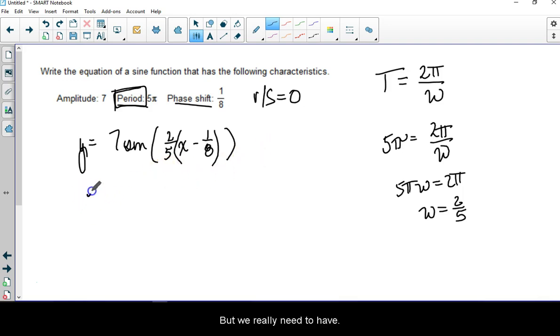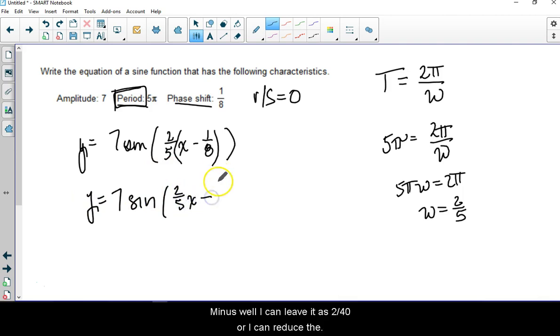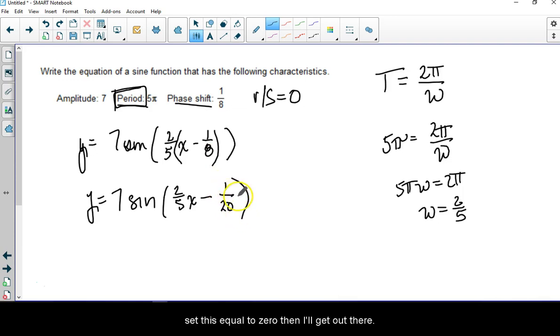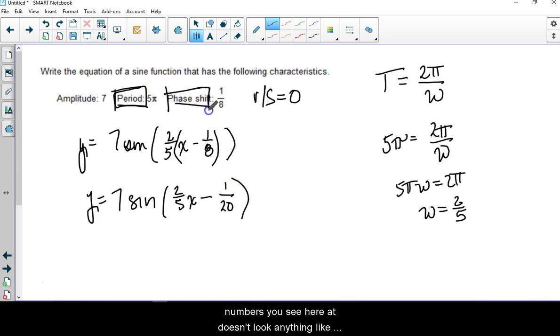What we really need to have is 2/5 x minus, well, I can leave it as 2/40, or I can reduce that to 1/20 in there. And that's going to give me a phase shift of an eighth, right? So if I set this equal to 0, then I'll get out the eighth. So that is definitely a little sneaky, because the two numbers you see here doesn't look anything like what you see had I given you the equation and said graph me.